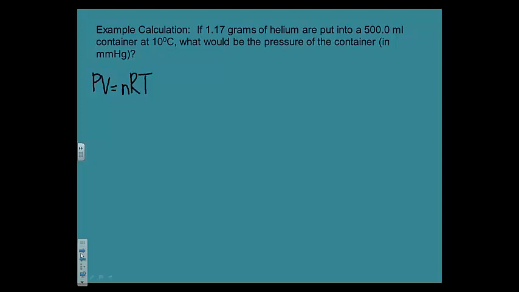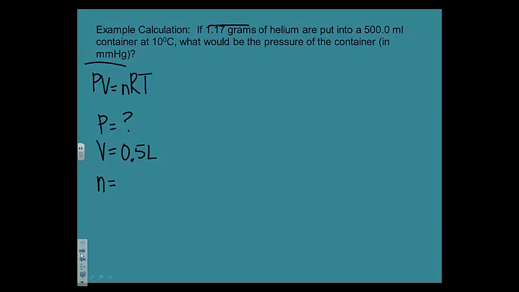So that's the key there. We've got to use millimeters of mercury as my unit for pressure. Okay? So I'm looking for P. I'm given a value for volume, and it's 500 milliliters, or it's 0.5 liters. Remember, there's 1,000 milliliters in a liter, so if I have 500 milliliters, that's half of a liter. The number of moles, I don't know yet because I'm given mass up here.